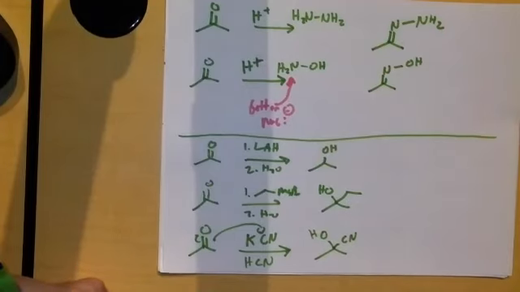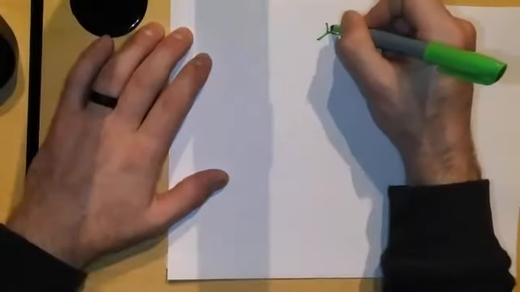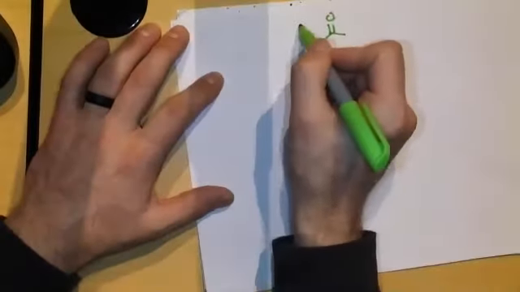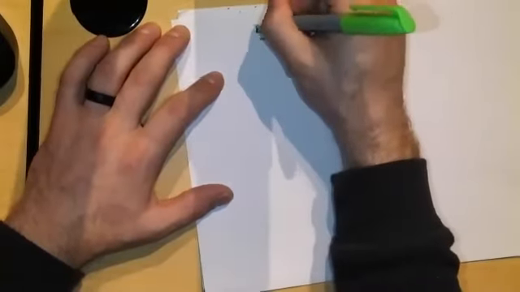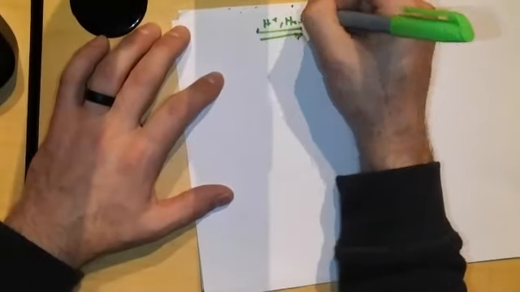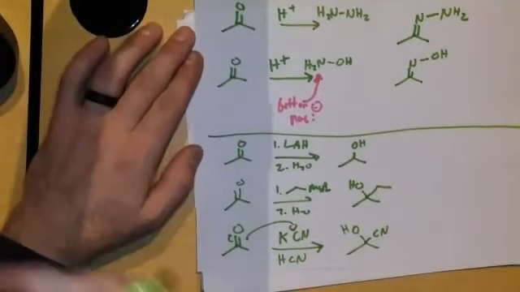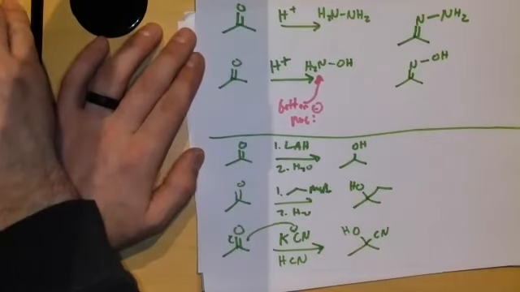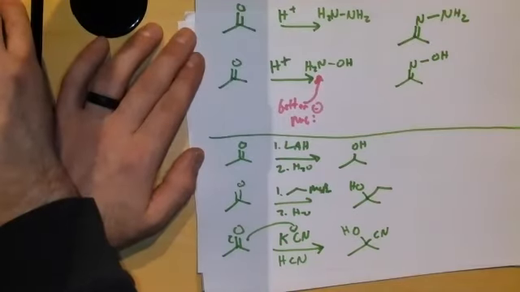So taking a look at all the reactions you can do with a carbonyl. We start with acetone. Throw in H plus H2O. Oh, someone wants me to show the last one real quick. All right.